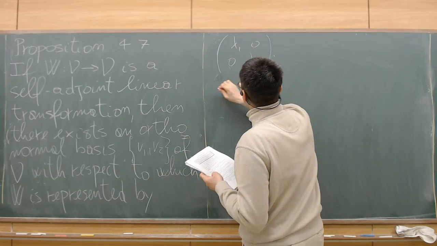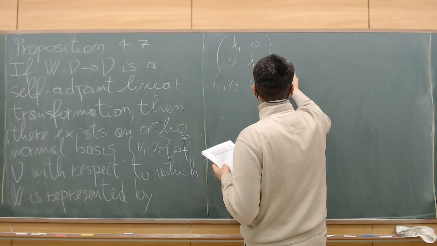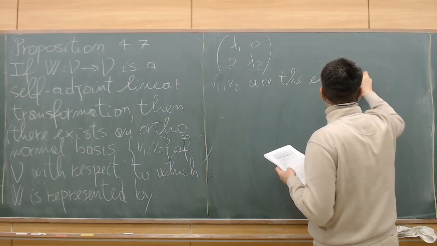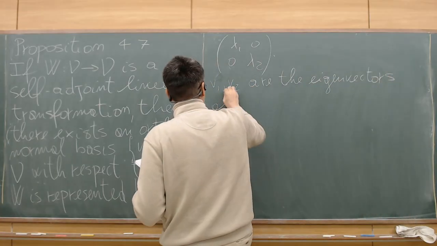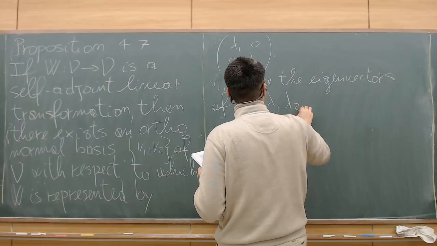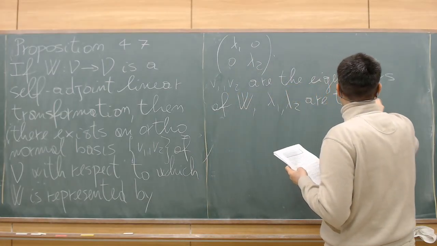So in other terms, V1, V2 are the eigenvectors of W, and lambda 1, lambda 2 are the eigenvalues.